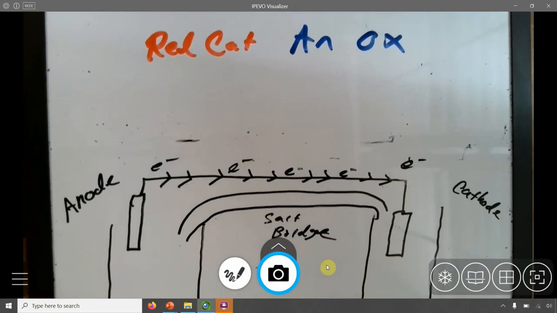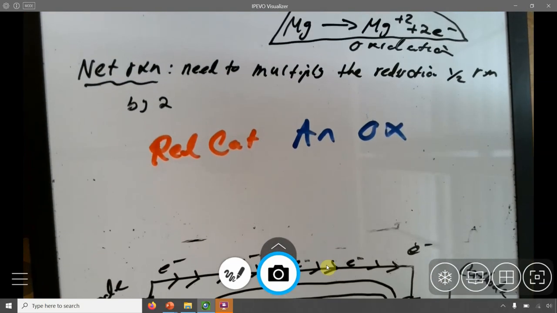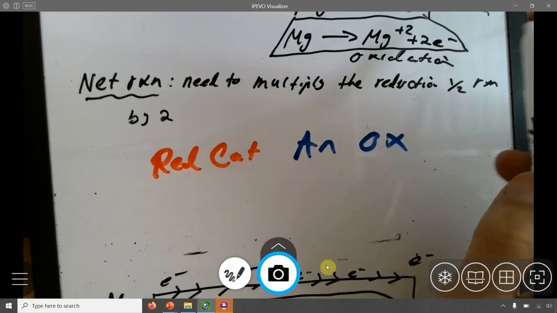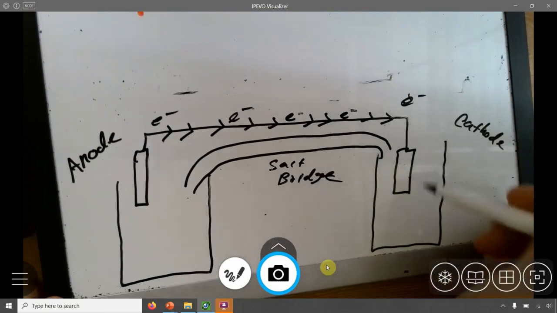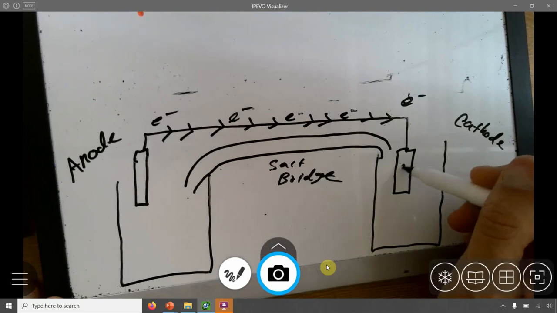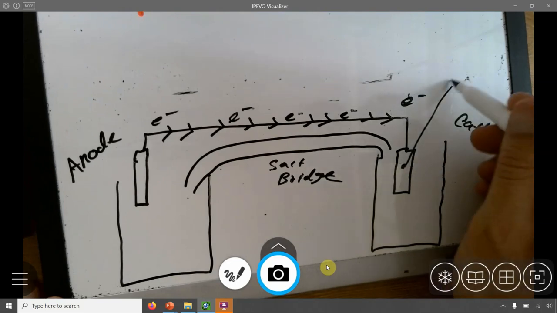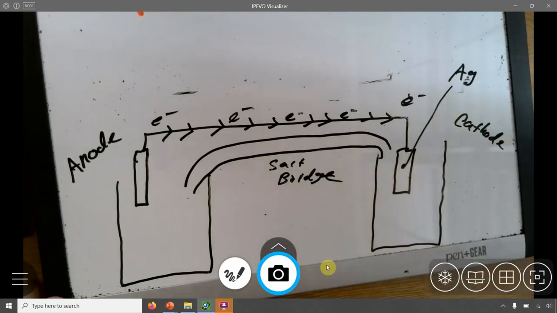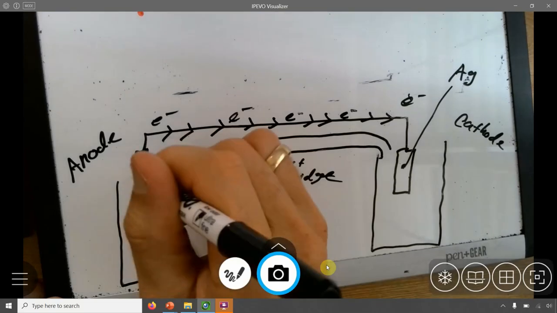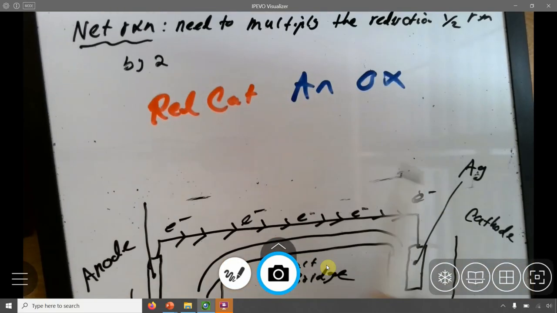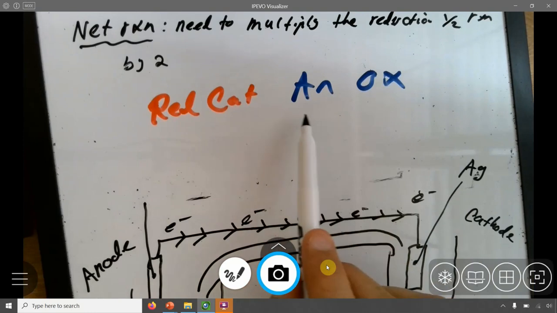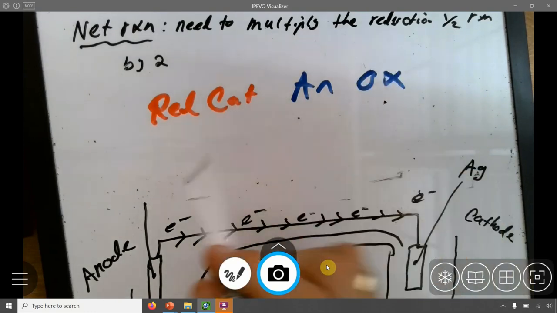So we already said that the reduction is the silver, meaning here I'm going to put this, the reduction is at the cathode. This is going to be silver. And anode is where the oxidation takes place, so this is going to be magnesium.